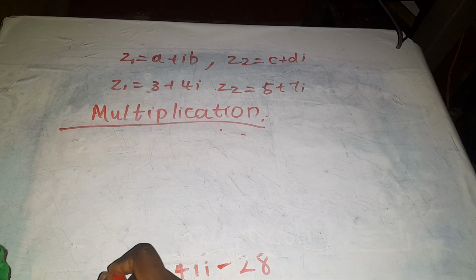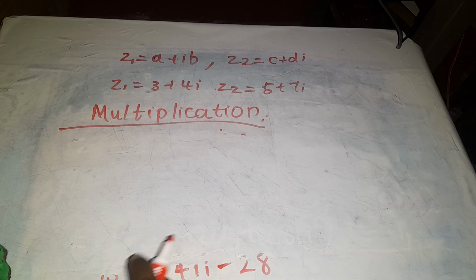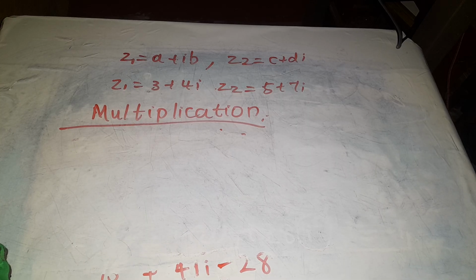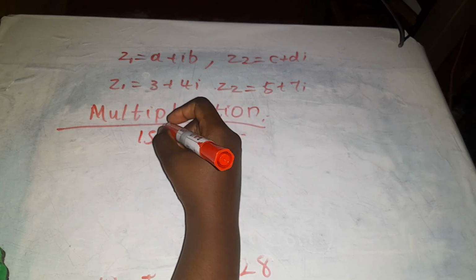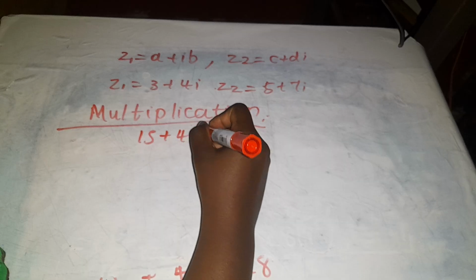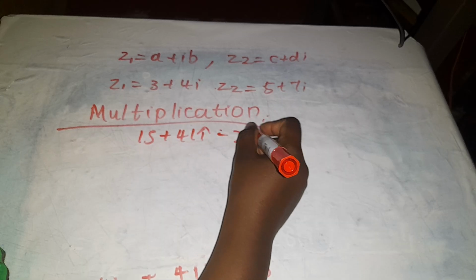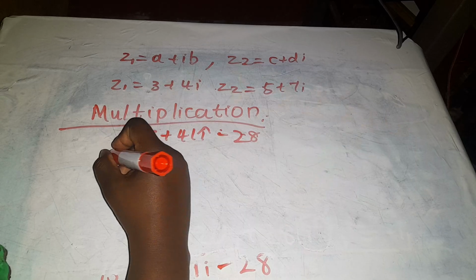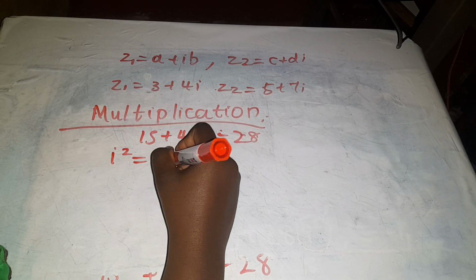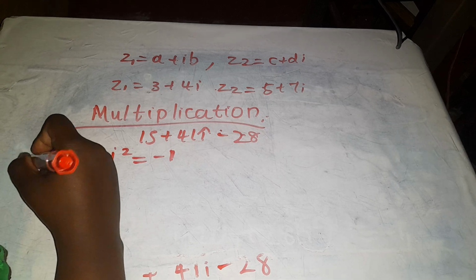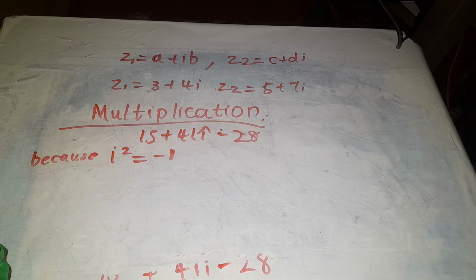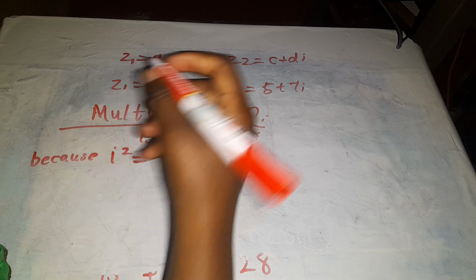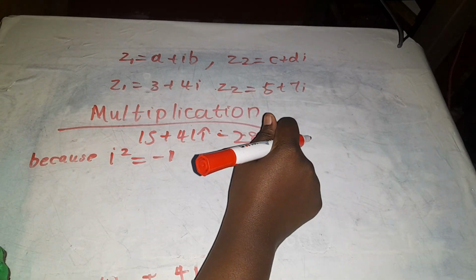Let me rewrite this at the top. Our answer was 15 plus 41i minus 28, because I said i squared is equal to negative 1. Hence, this will be negative 28.